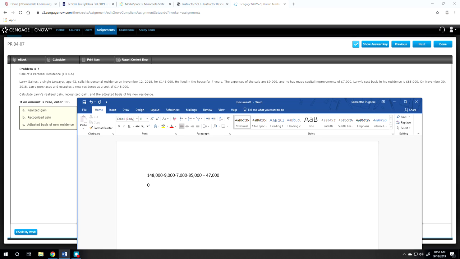Why does the IRS do that? Why do they let single people exclude up to $250,000 and married people exclude up to $500,000? You know, because there's two of them, so they get to have $250,000 apiece. The reason why they do that, one of the reasons, and I'm sure there's other reasons that maybe I don't even know, but the reason I'm going to give you makes a lot of sense.